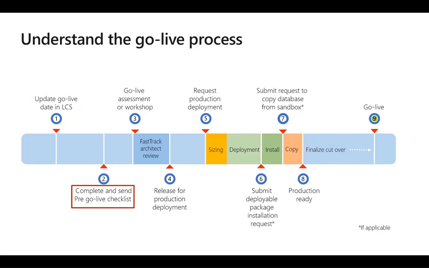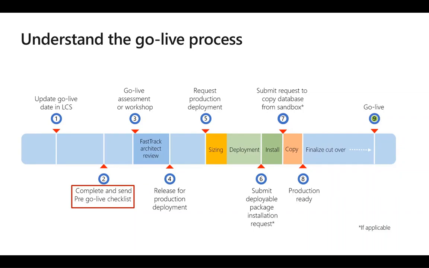Second step is to complete and send the pre-go-live checklist. We can perform this task after all user acceptance tests (UATs) are completed and signed off by key stakeholders.